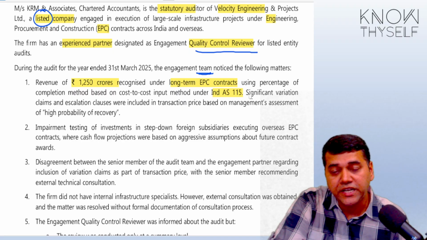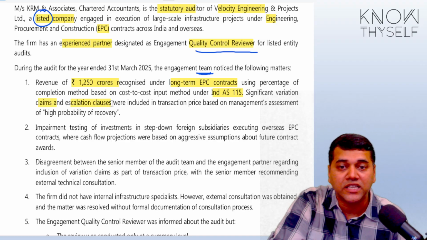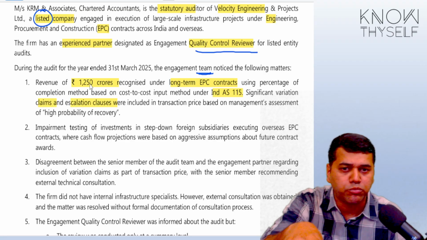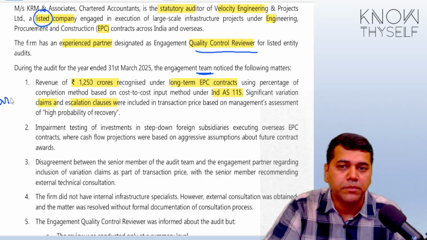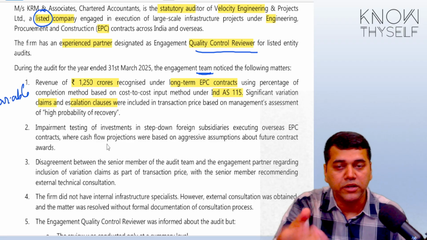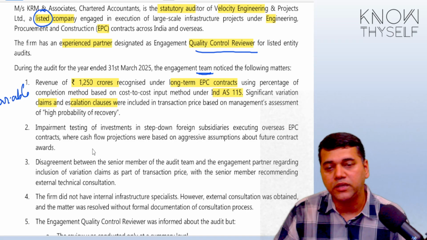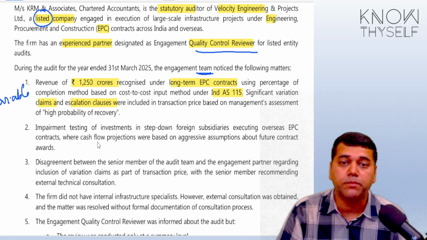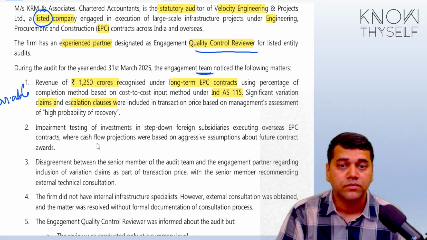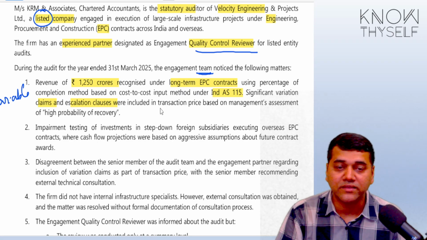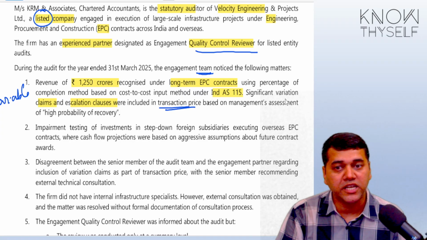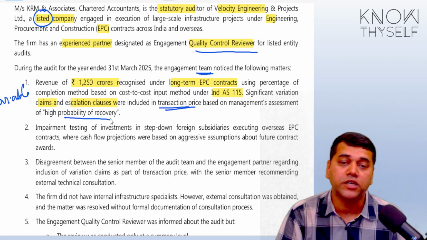There are significant variation claims and escalation clauses. That means a significant portion of the contract is variable revenue. And the moment variable revenue comes into the picture, there is a lot of scope and opportunity for the management to play with it. They are included in the transaction price based on the management's assessment of high probability of recovery.